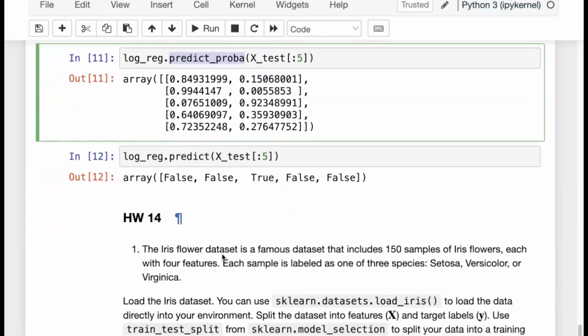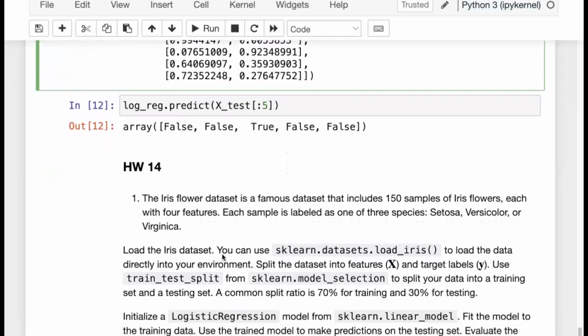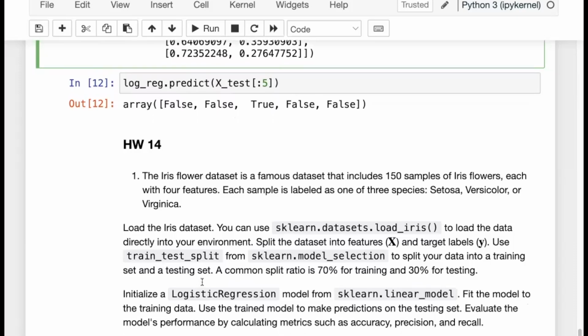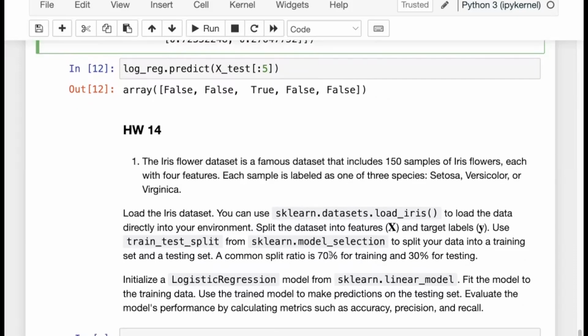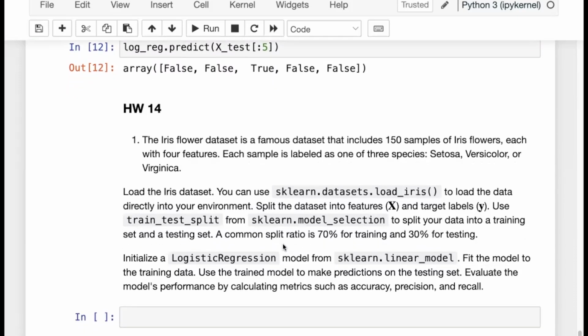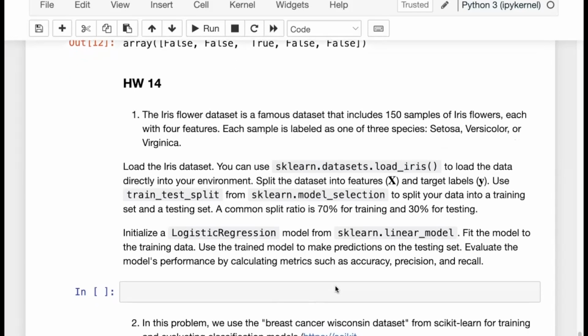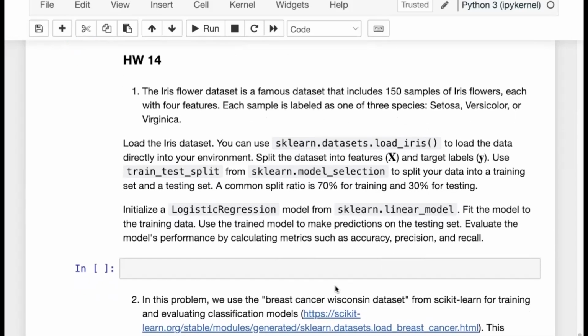So here we have some homework problems to practice more with this iris flower data set. You're going to use the train_test_split from model_selection with this split ratio. And now you want to evaluate the model using the metrics that we discussed, such as accuracy, precision, and recall.